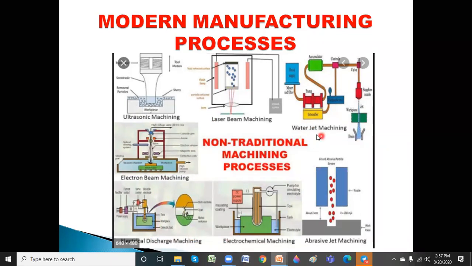Using a water jet, that's water jet machining. And there's something called electrochemical, where an electrochemical process removes the material, which is called electrochemical machining. The other one is abrasive jet, so abrasive jet machining. Don't worry about this slide, we'll discuss everything in detail in the coming classes.